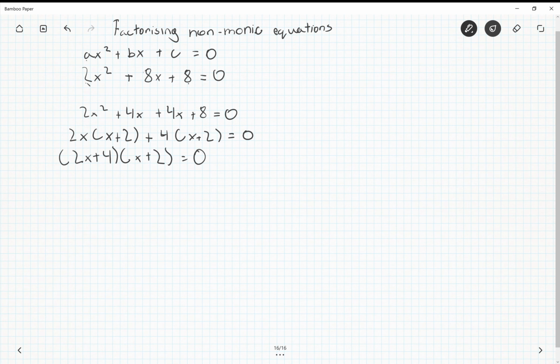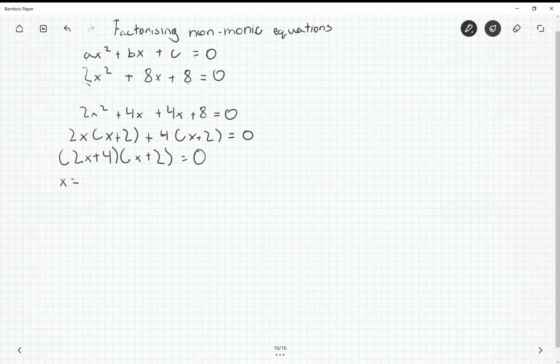So now we can use the null factor law. Before, we haven't thought about how to use the null factor law when one of the coefficients of x is bigger than 1. Well, I'm going to show you how to do that right now. So let's just get through the equation where the coefficient of x is 1.